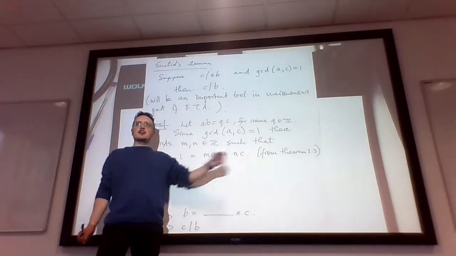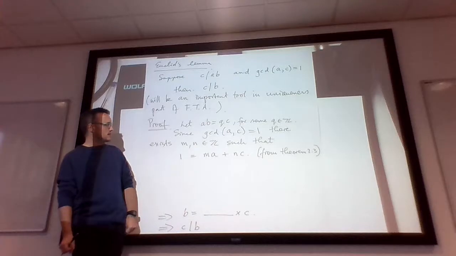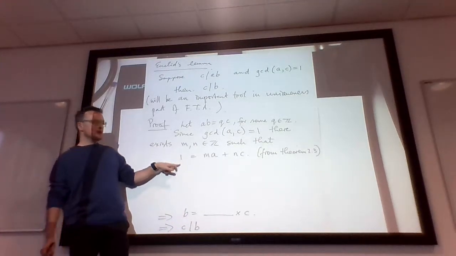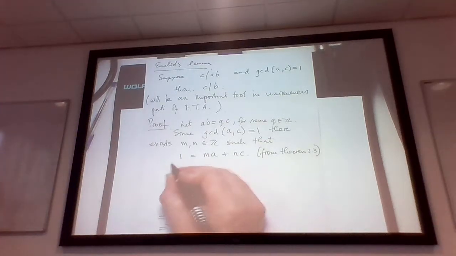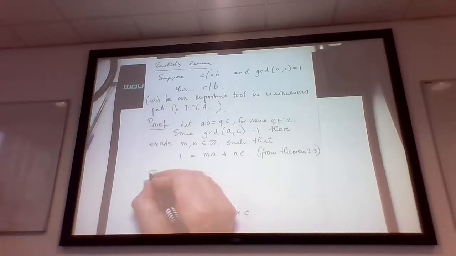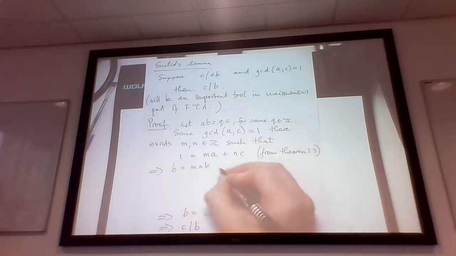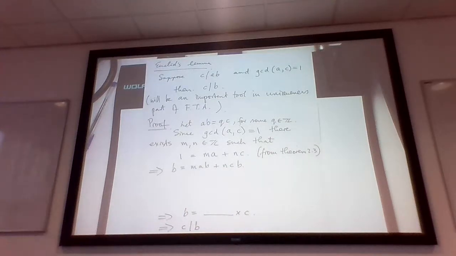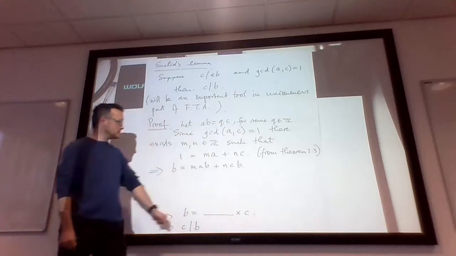So we've got this linear combination, and there's a very neat way to introduce B into the situation. We want an equation with B on the left-hand side, and here we've got 1 on the left-hand side. So we can simply multiply both sides of this equation by B. So B is now equal to mAB plus nCB. We're trying to factorize C out of this.